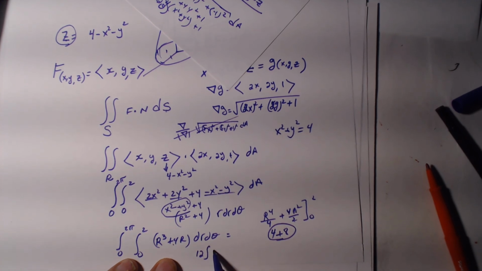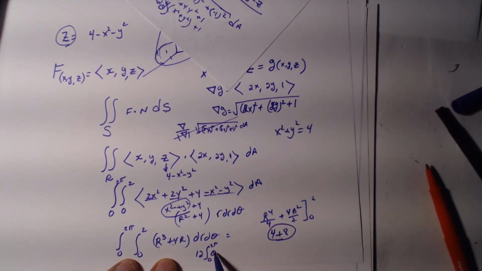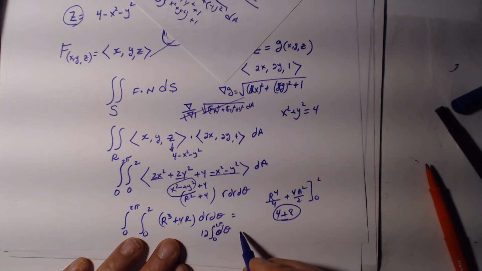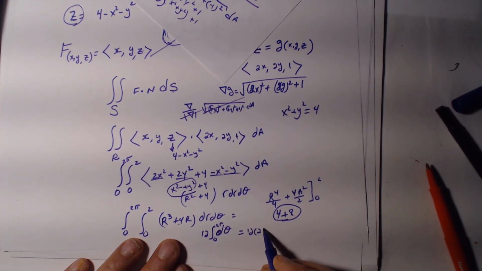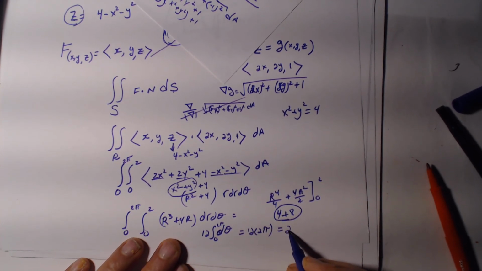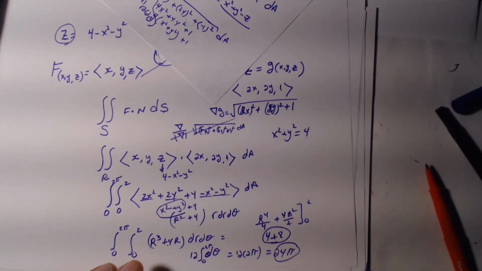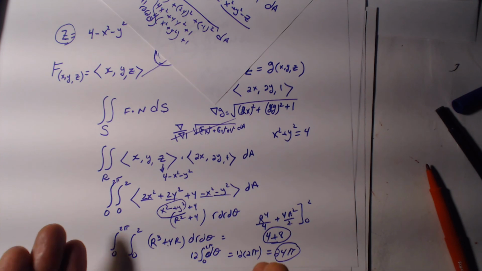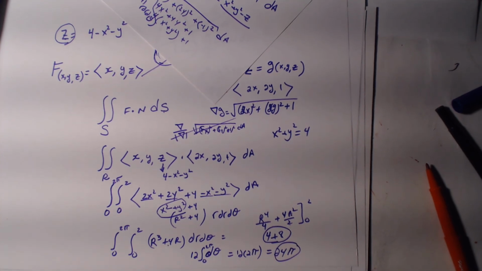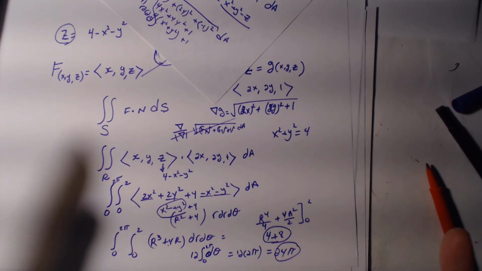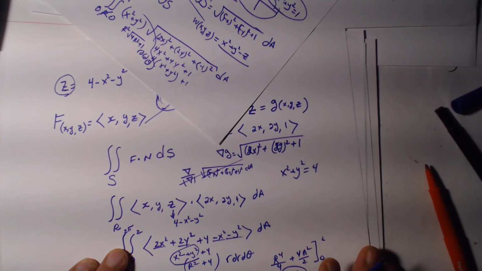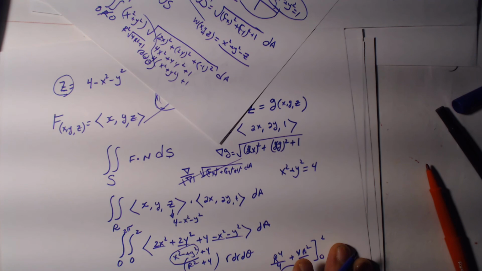And when I integrate d theta from 0 to 2 pi, that becomes 12 times 2 pi, which is 24 pi. Therefore, the total flux is going to be outward.